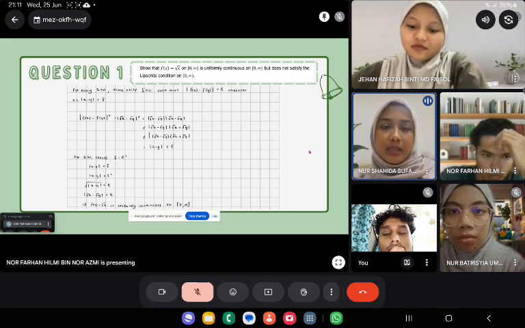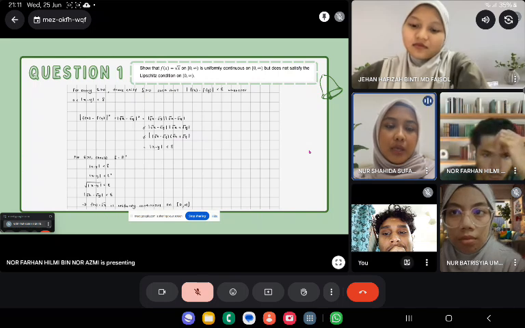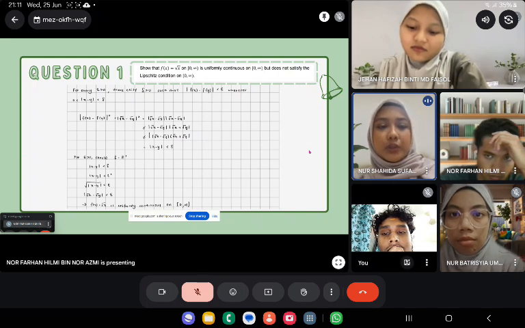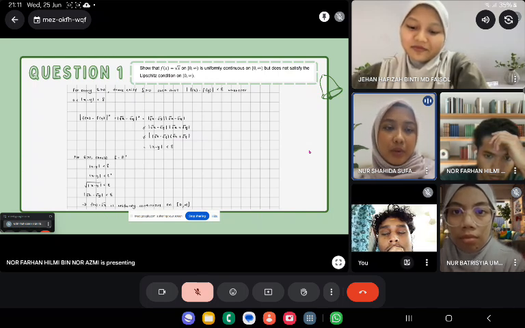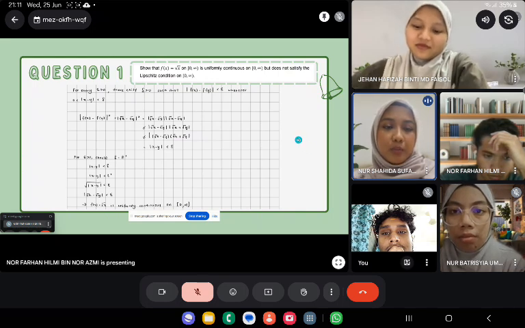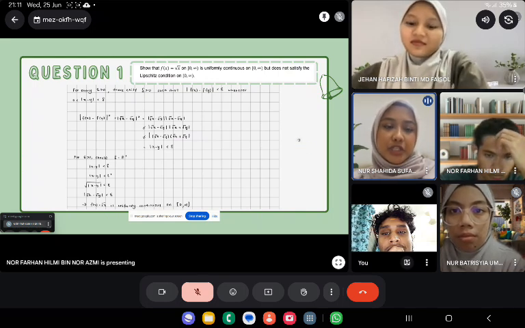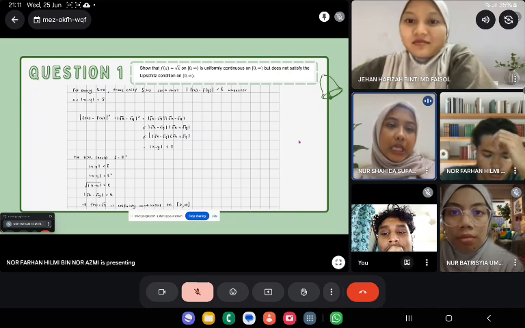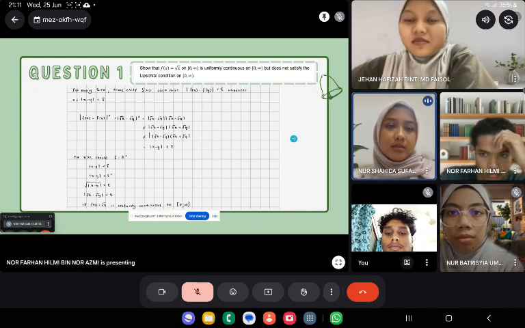When we get less than epsilon, for epsilon greater than 0, we choose lambda equal to epsilon squared. Then we can prove that the function is uniformly continuous on the interval from 0 to infinity.